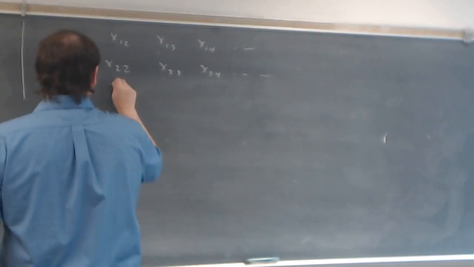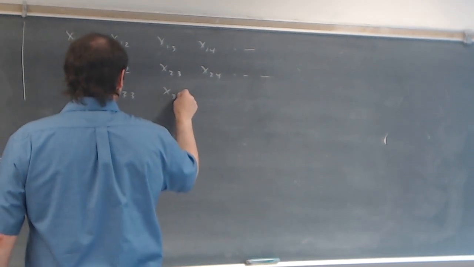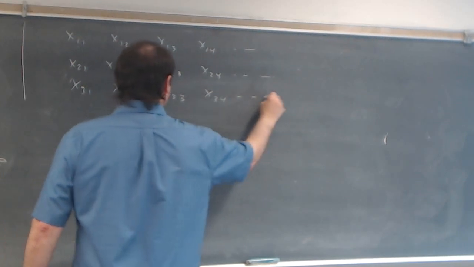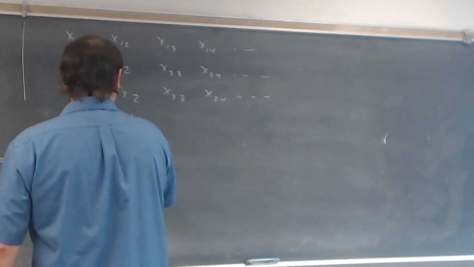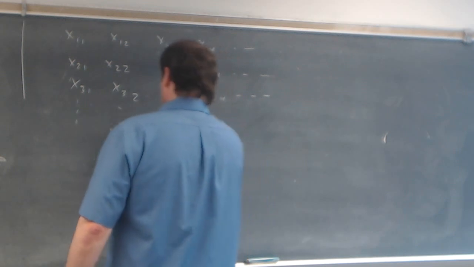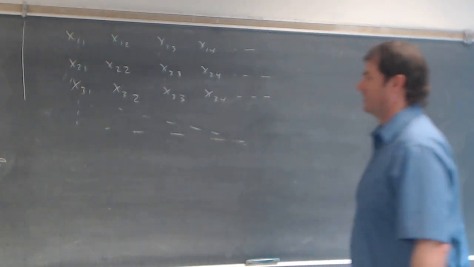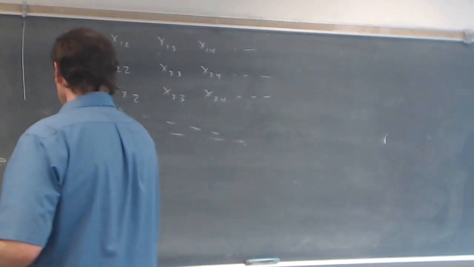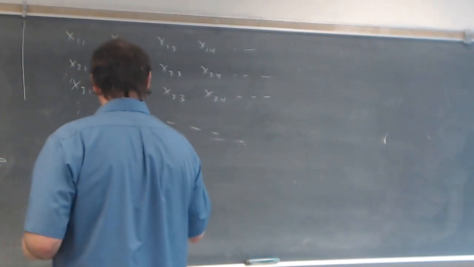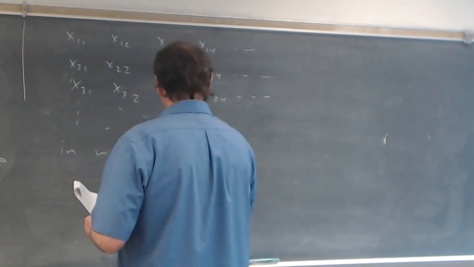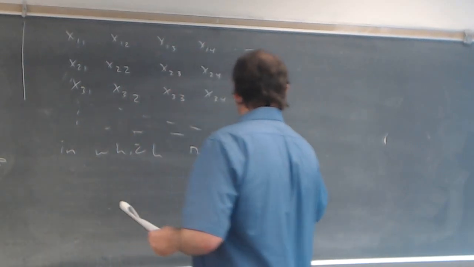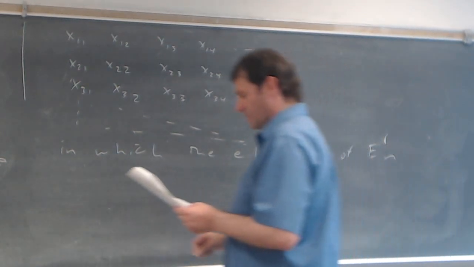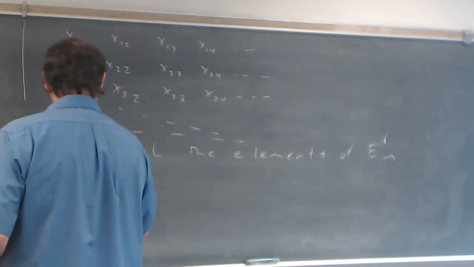Then x31, x32, x33, x34, and that goes on forever. And it goes on forever in this direction too, just keeps going forever like this. I just repeated what I had written down on the bottom left board: the elements of E sub n form the nth row.